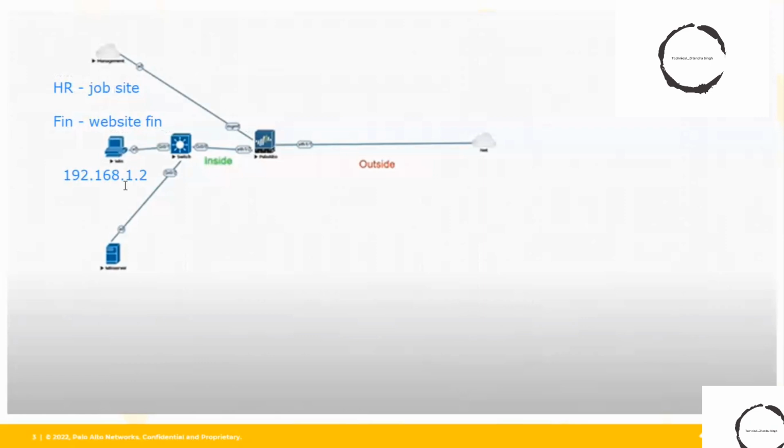So on one machine, when the HR user is logged in, he can access the job website, but when the finance user logs in to the system, the website will be blocked. This is the feature you can use in user identification based policies. Suppose you are writing the policy on an IP address basis, 192.168.1.2, and you block the job website or financial website by targeting this IP address.